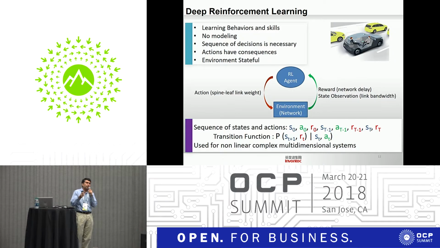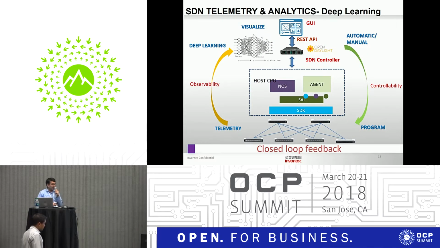For example, if you want the network to have an optimum network delay, you can set a policy for that, and eventually you will reach that target policy over a certain number of iterations. If we look at our diagram again, we can see that a deep learning layer has been added to this feedback loop, and we can take the feedback out from the neural network onto the SDN controller.